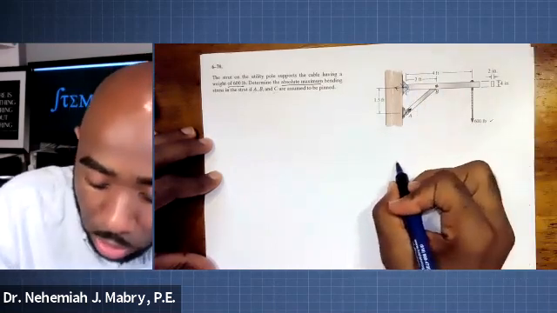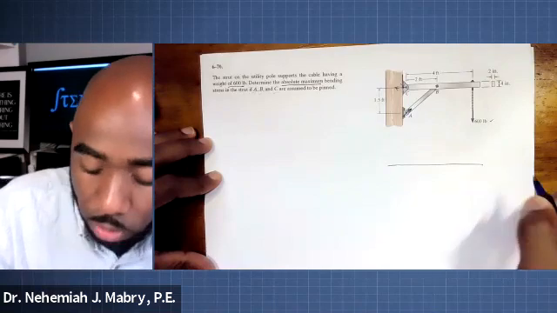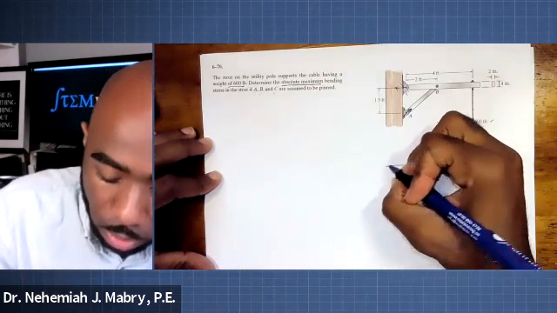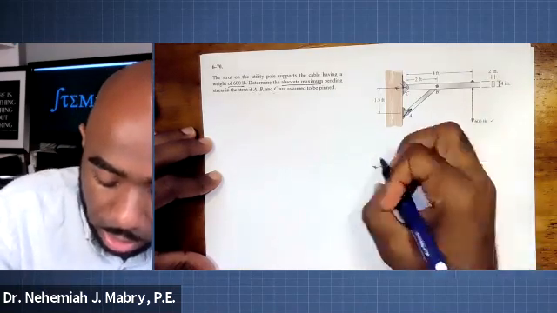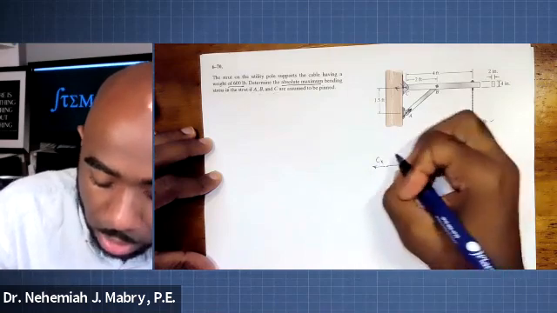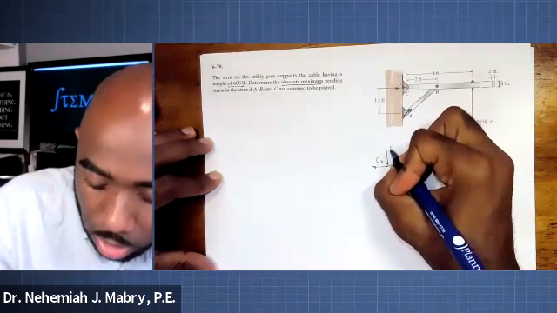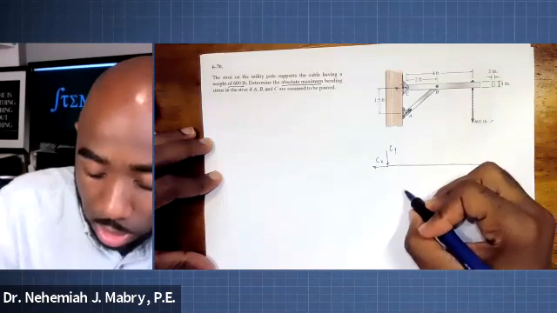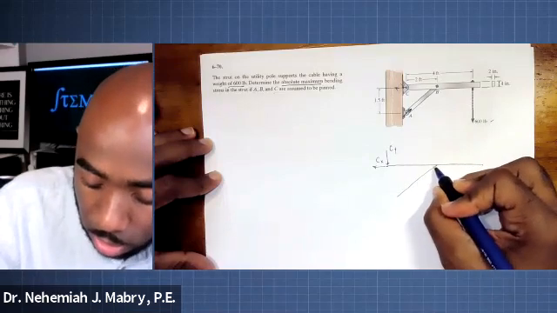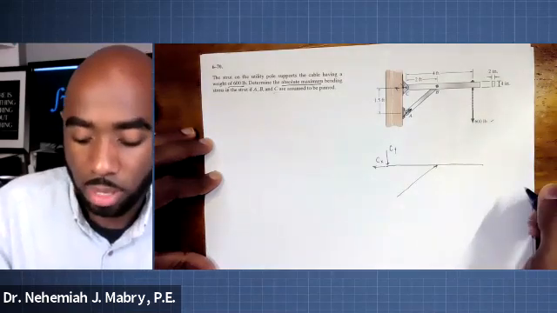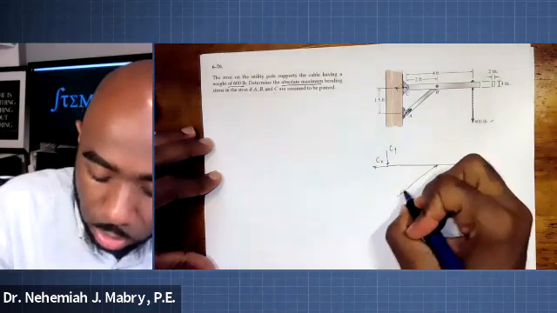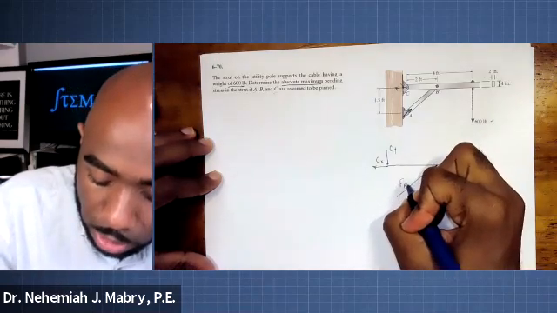Matter of fact, let me go draw the free body diagram for you here. Here, we'll say Cx, going in that direction, and Cy, we'll draw that down. And then we'll show this member AB as force AB.